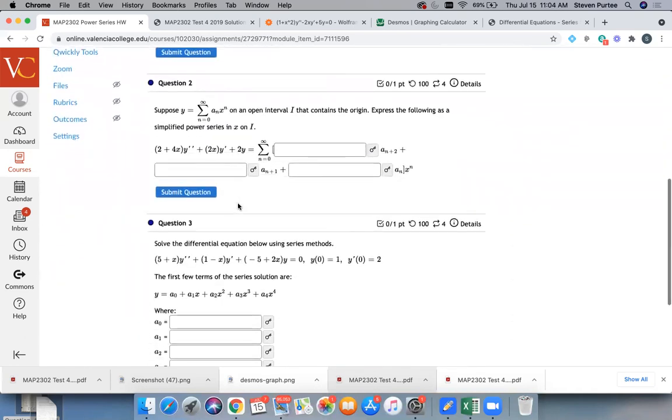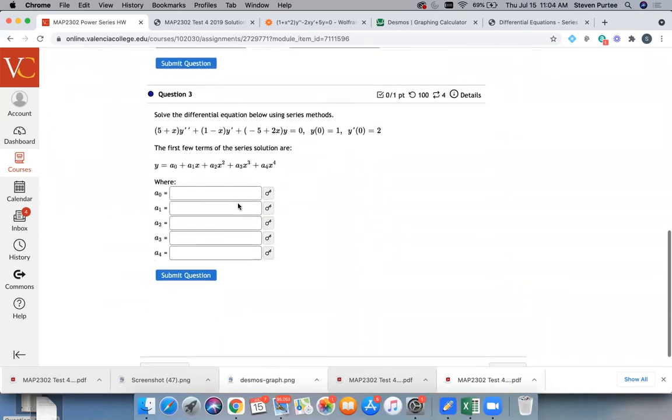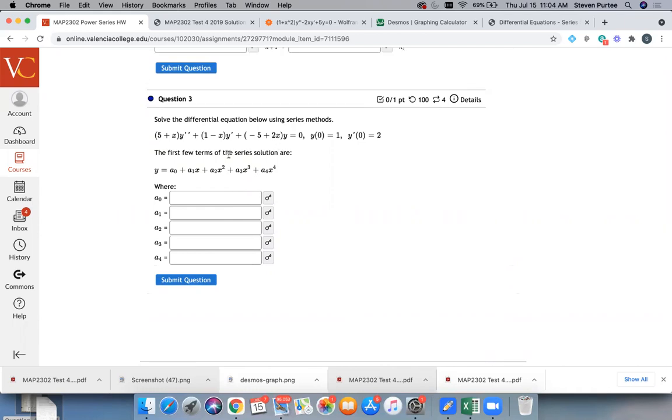We only have 3 questions in the homework. Wow, that one's complicated, isn't it? I don't know if I realized this one. I think somebody changed this question.